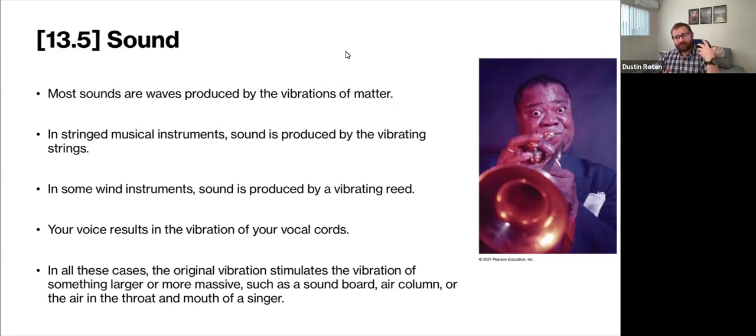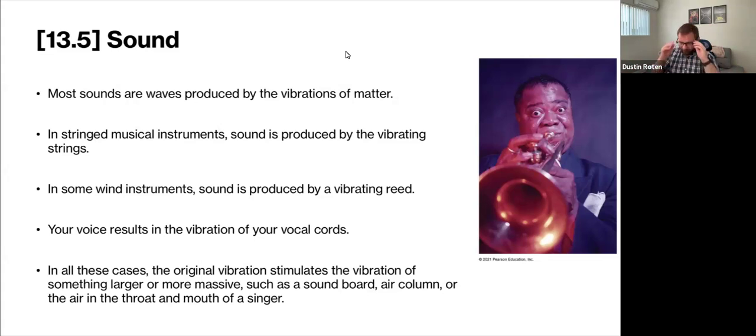In all these cases, the original vibration stimulates the vibration of something larger. If you're playing piano, your string is going to vibrate the soundboard of the piano. In an instrument like a flute, it's going to vibrate the air column. Or let's see, what's a reed instrument?